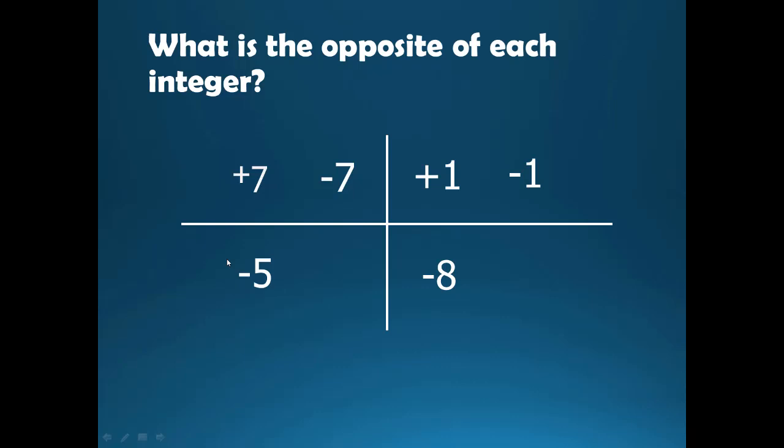Next examples. How about minus 5? What is the opposite of minus 5? It is positive 5. And the opposite number of minus 8 is positive 8.